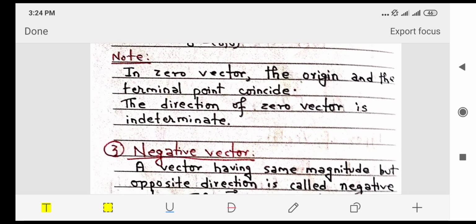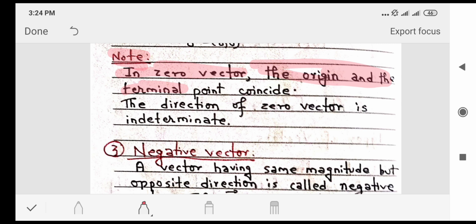Now here is some note. Let us see. Note: in 0 vector, the origin and the terminal point coincide. So here if you see, it is x-axis and y-axis, and if it is the origin, then origin and the vector will coincide. Okay, so we can say that in 0 vector, the origin is the same and the terminal point is also the same.